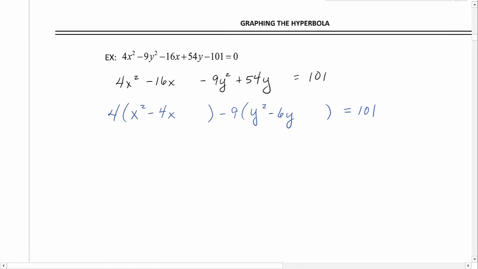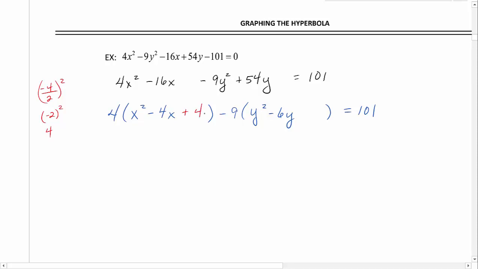Okay, let's create some perfect square trinomials. Starting with the x, we're going to take its b value, divide it by 2, and square it. So it's -4 divided by 2 squared. -2 squared is 4. So let's add 4 here to create our perfect square trinomial.